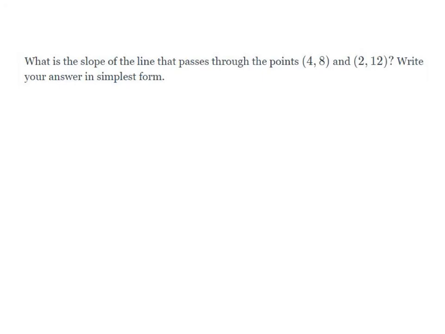All right. This question says, what is the slope of the line that passes through the points (4, 8) and (2, 12)? Write your answer in simplest form. So we're just looking for the slope. What is the slope, okay? So remember, the slope is equal to the change in y over the change in x.